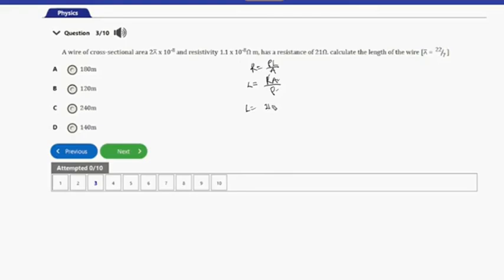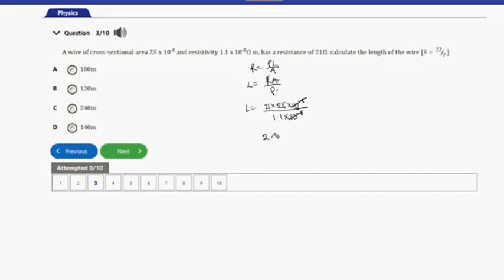As simple as that. So resistance, which is 21 ohm, times the area, which is 2 pi times 10 to the power of -8. So pi is given as 22/7. Then this is over 1.1 times 10 to the power of -8. That's the resistivity. So here 10 to the power of -8 will actually cancel out 10 to the power of negative 8 here.